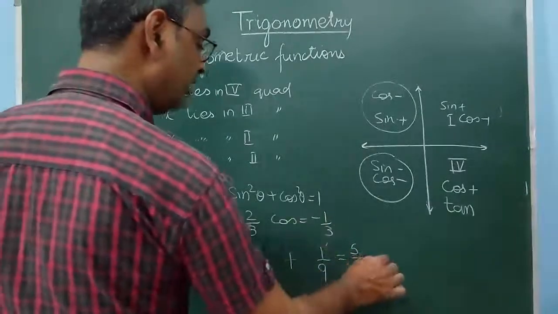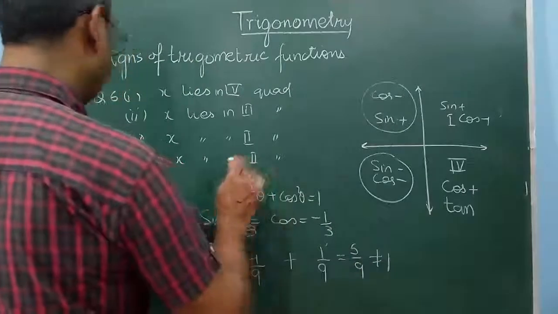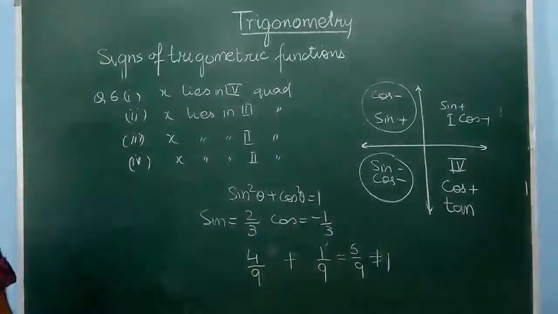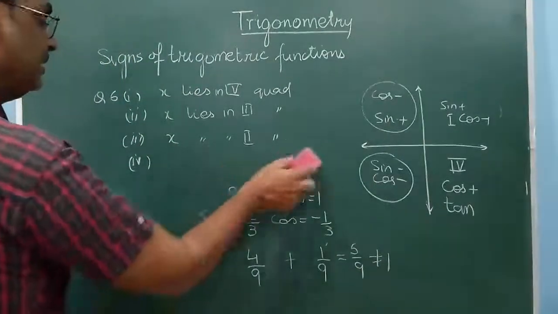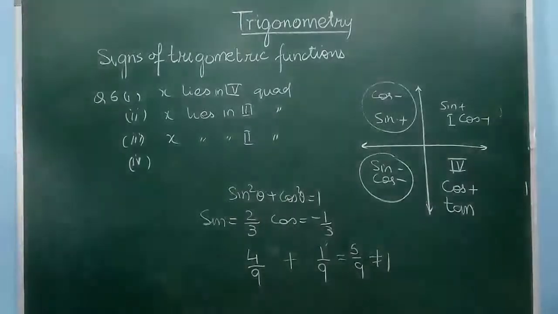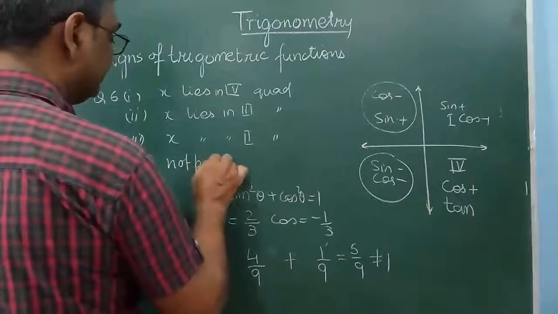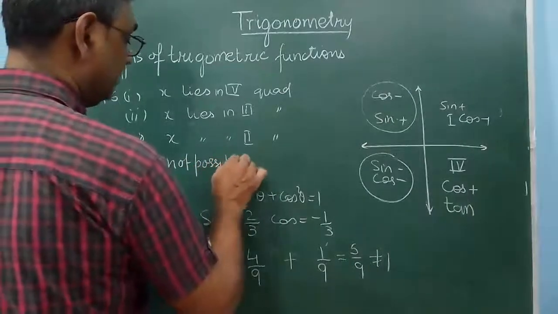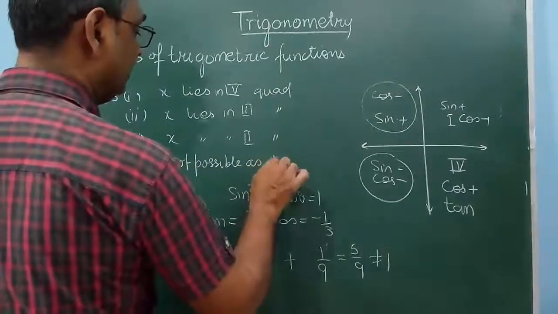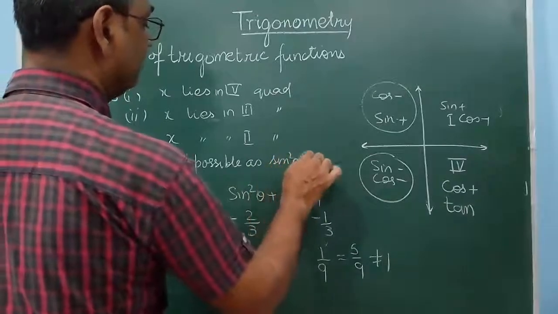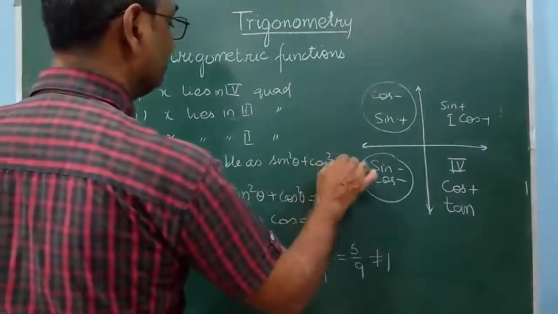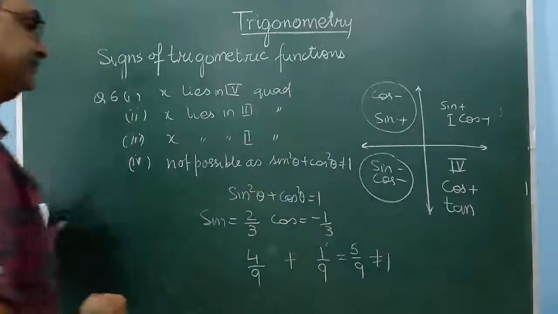So it is not equal to 1. So what answer will be given here? We will rub out the tick and write: not possible, as sin square theta plus cos square theta is not equal to 1.